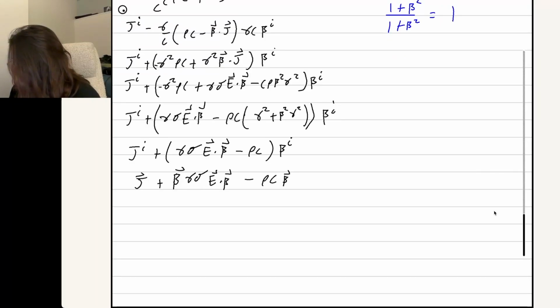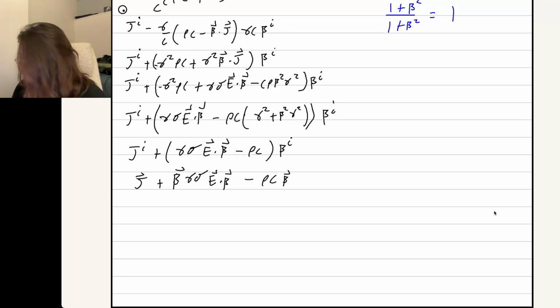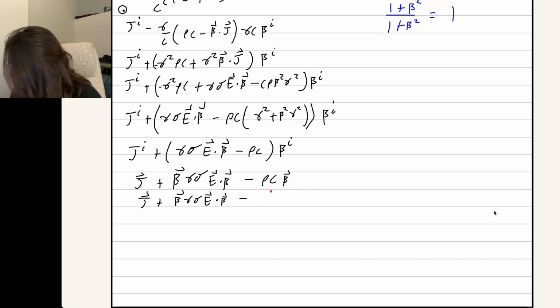And we know that C beta was the definition of the velocity vector, so we're going to collect it into the velocity vector as well. Right, so just rho v.